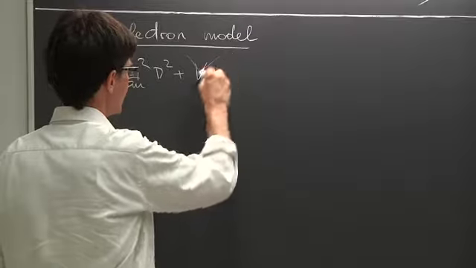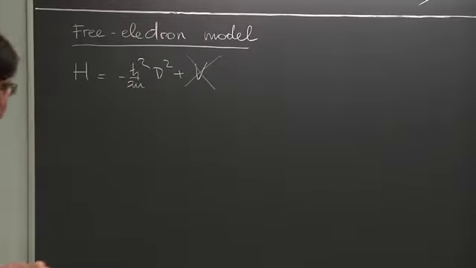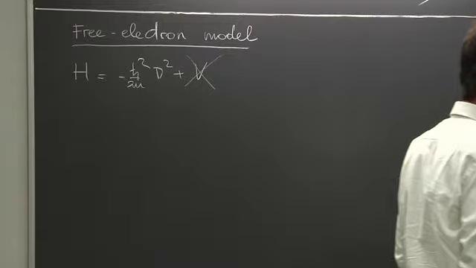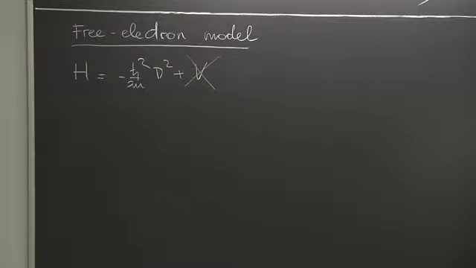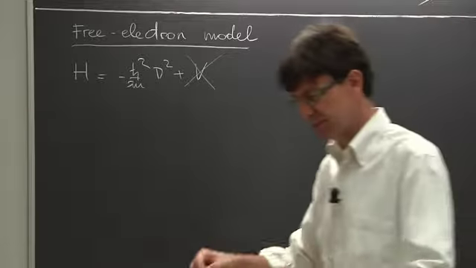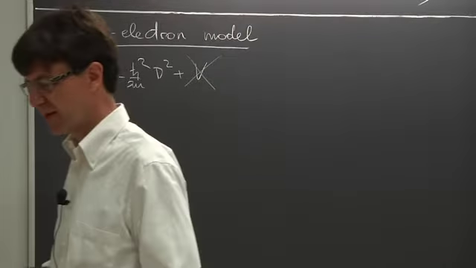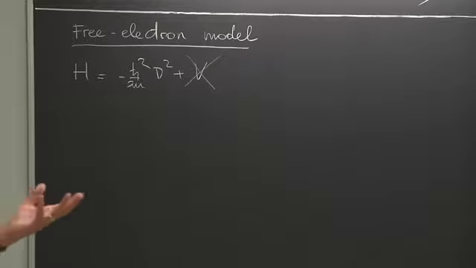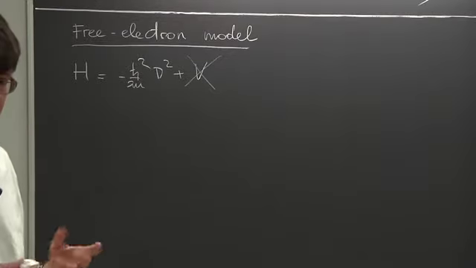So this potential doesn't exist, or it's 0, or a constant, even better, because a constant is the same. In other words, even though there are nuclei sitting on well-defined crystalline positions, we make the approximation that the electrons don't see these nuclei.